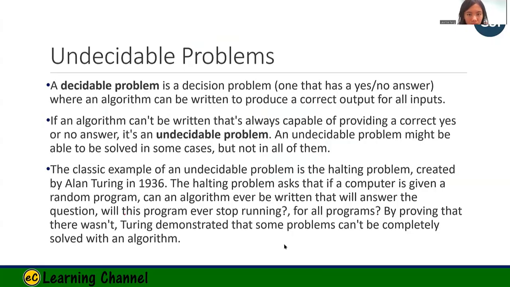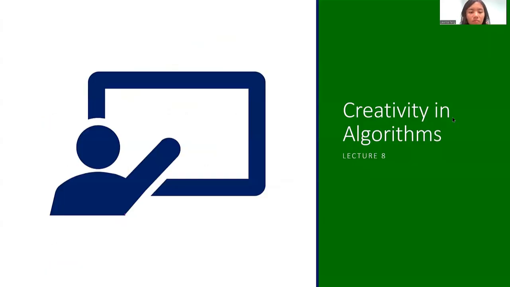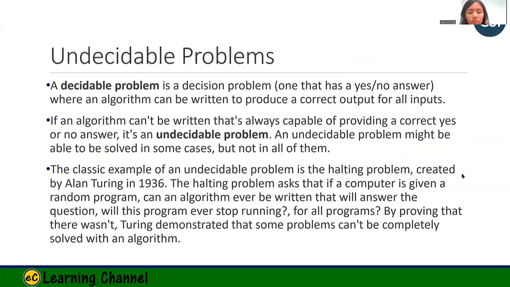So undecidable problem, there may be some problem that you cannot decide, even a computer can never decide. Now we call it undecidable problem. There are certain problems that are undecidable.